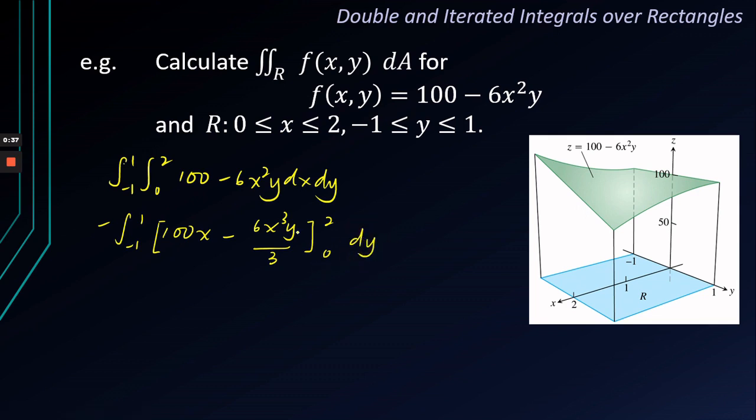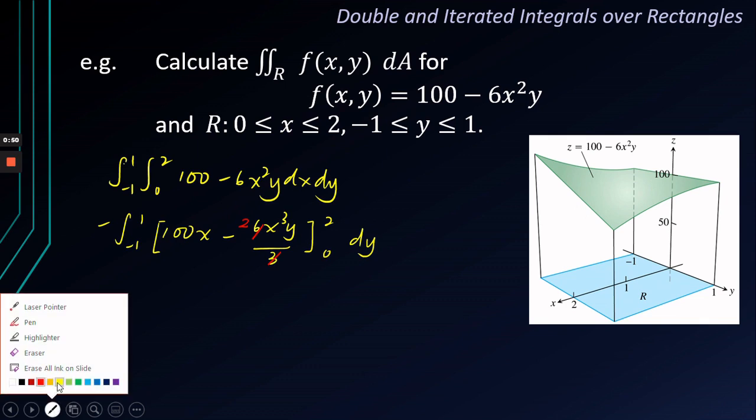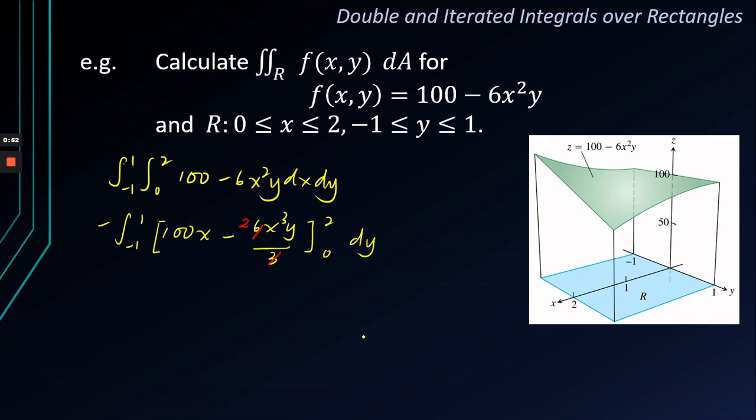We can simplify the 3 and 6, and we get 2x cubed y. Then we substitute the upper and lower limit into the x.